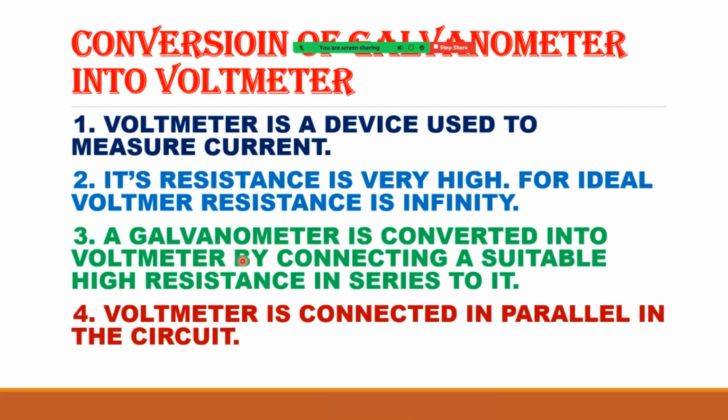Coming to the fourth point, it is connected in parallel in the circuit. And see the third point, a galvanometer is converted into a voltmeter by connecting a suitable high resistance in series to it. Let us see once.